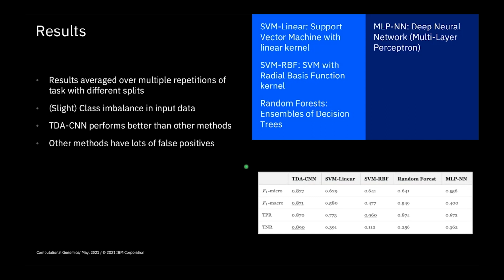What we ended up getting was that this pre-processing of data with TDA made it so that the convolutional neural network got very decent results. If we look at the true positive rate and the true negative rate, we see that they are both high.